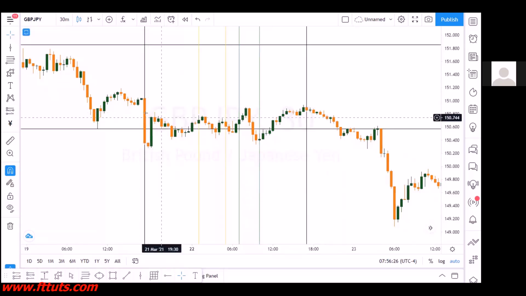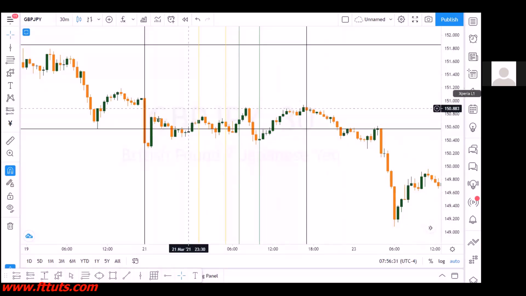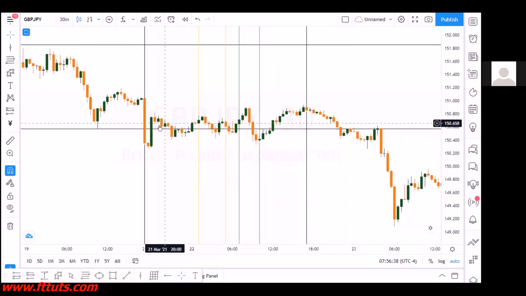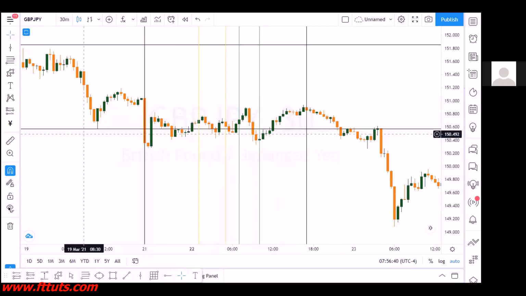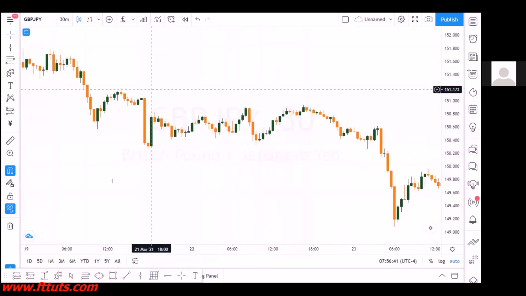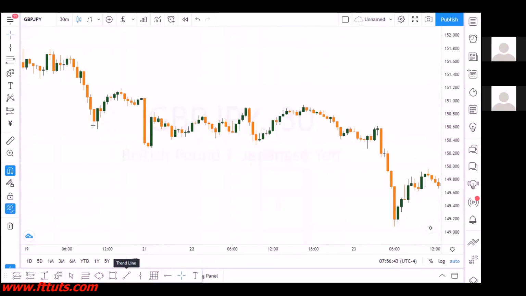You get to see that during the Asian, this is the Asian side, from when price opened down to here, you can count all of this as Asian session, because the Asian session actually starts from 8 p.m. New York time down to 12 a.m. New York time. But I will just decide to count all of this. So now you can see we had a break of low to the downside.